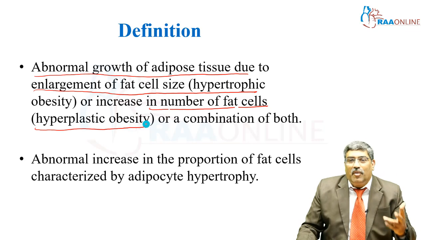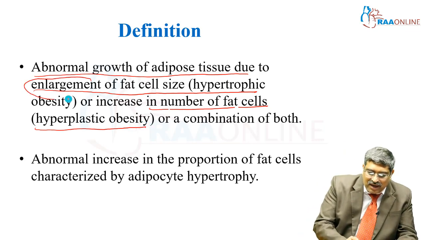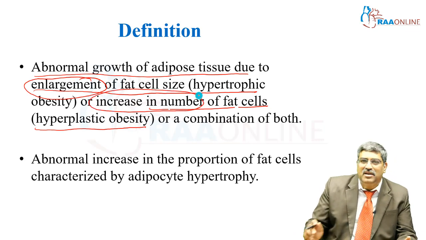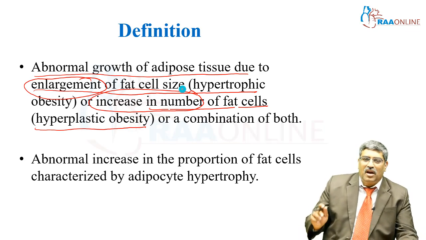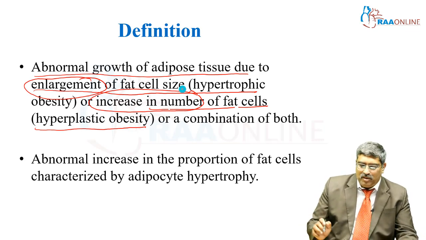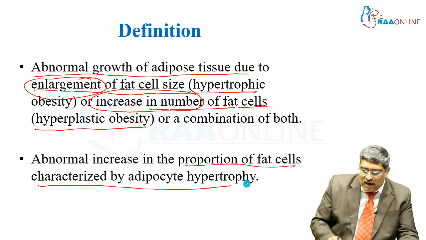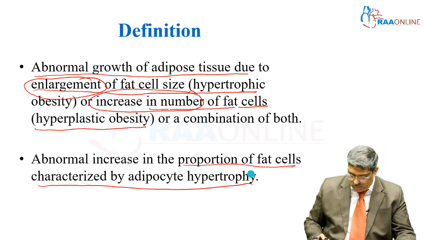Or it can be a combination of both. Two things are here. One is enlargement of the cell, another is increase in number of the cells. It can also be said to be an abnormal increase in the proportion of fat cells characterized by adipocyte hypertrophy. This is the definition of obesity.